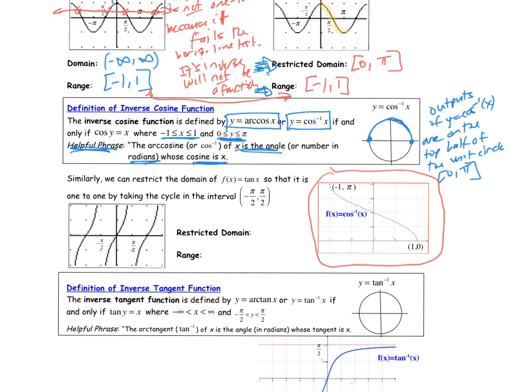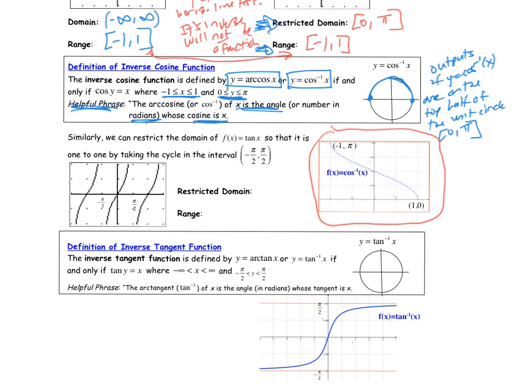Now let's go ahead and do the analysis for inverse tangent. We'll do it a little more quickly. We can restrict the domain of f of x equals tangent of x by taking one cycle, and the cycle that is chosen is this base cycle between negative pi over 2 and pi over 2.